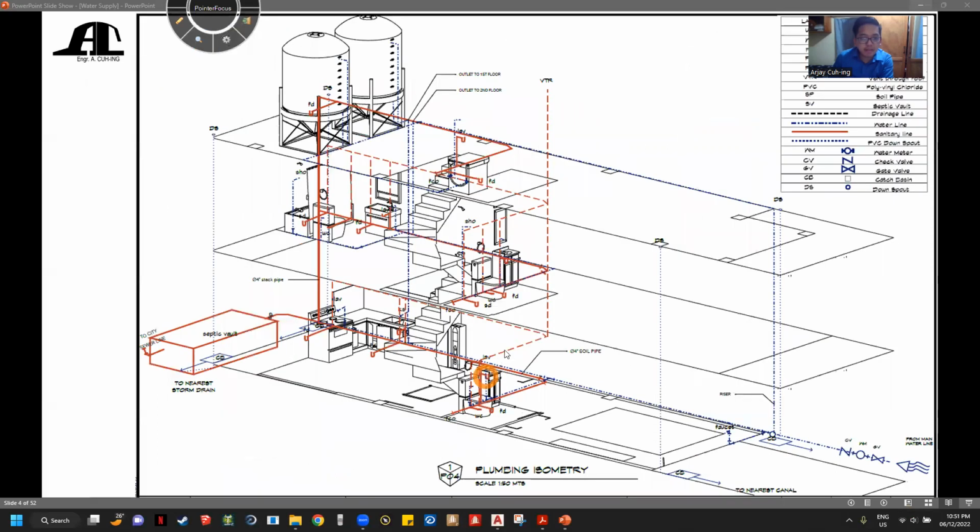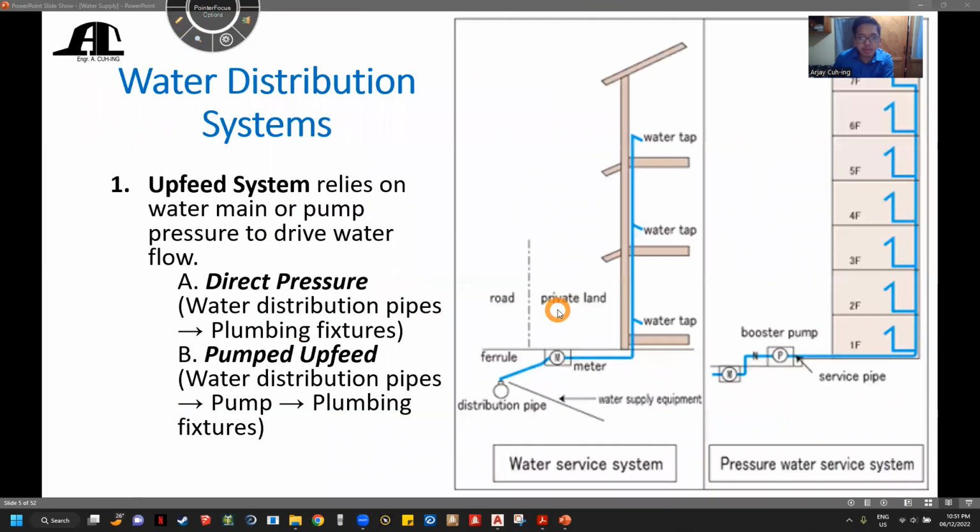So that's an example. This is the isometric class. Technically, the plumbing is combined here. The sanitary is for the orange, and then we have our water supply, which is the blue.